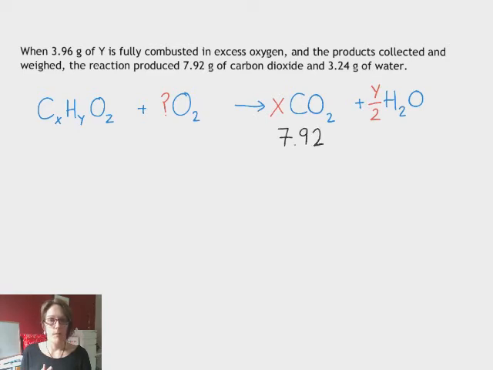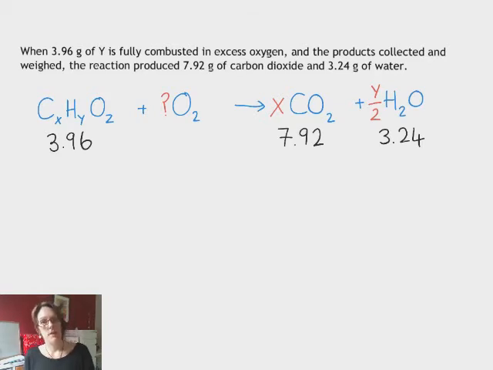But more importantly, we've been given the mass of carbon dioxide collected and the mass of water. If I know the mass of any compound and I know its formula, which I do for CO2 and water, I can work out the number of moles. For Y, I actually can, because I know it weighs 88, but that's not going to help me much because I just don't know what the ratio of X, Y, and Z are.